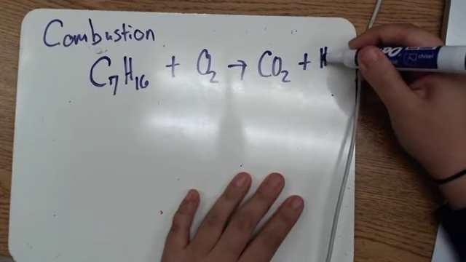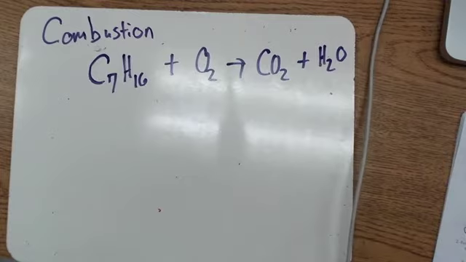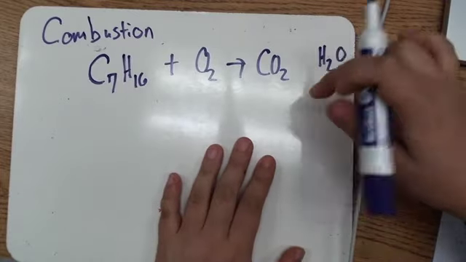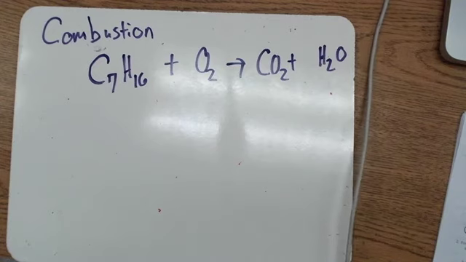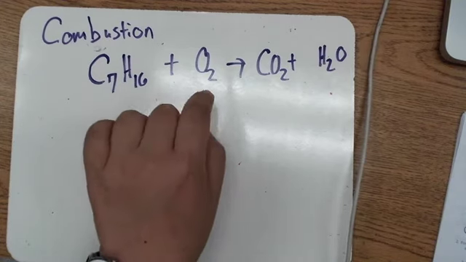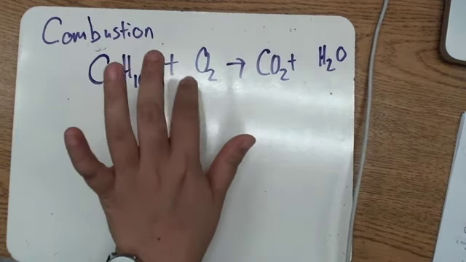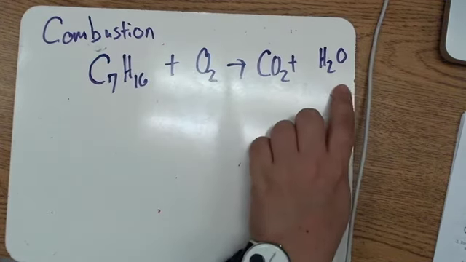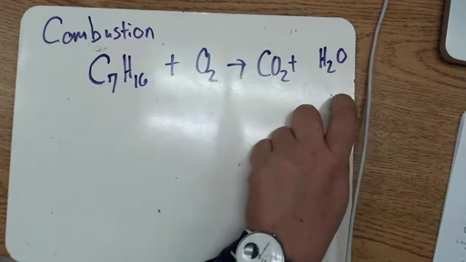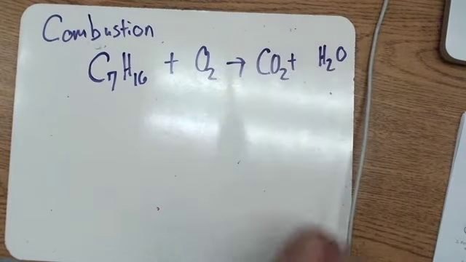All right, so it's always the easiest to predict, always the hardest to balance. But here's your hint: always start with water. Because the oxygen on this side always has to be even, because of the 2, the coefficient cannot be an odd number.